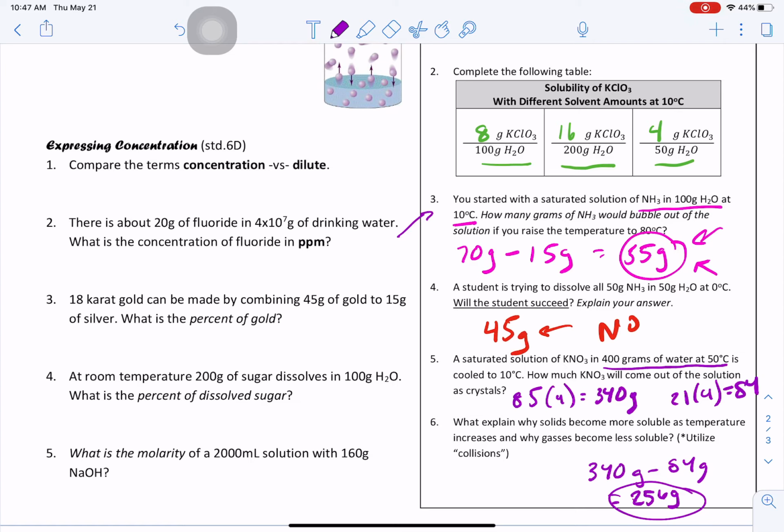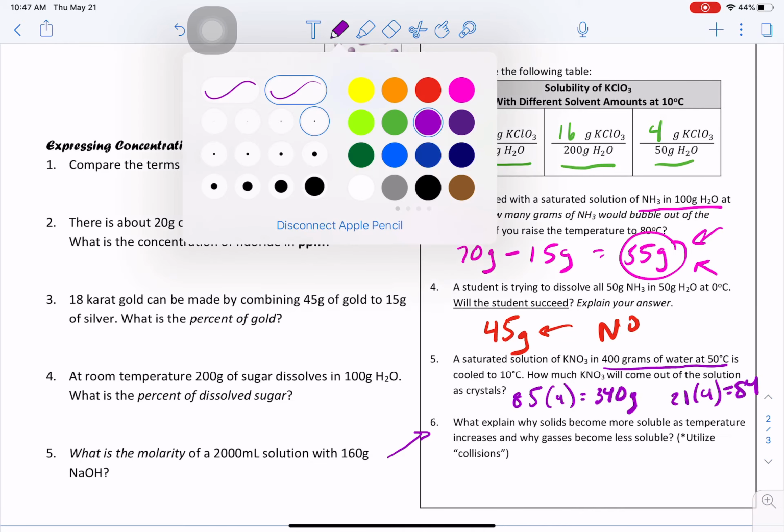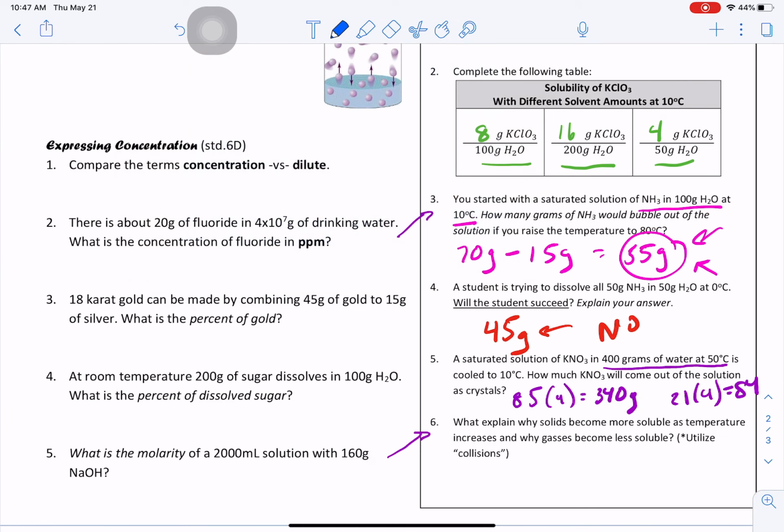All right, number 6. Let's do this last one. I'll do it in a different color, blue. Explain why solids become more soluble as temperature increases and why gases become less soluble. We talked about this. As we increase the temperature of solids in a liquid, that's going to break up the electrostatic force.